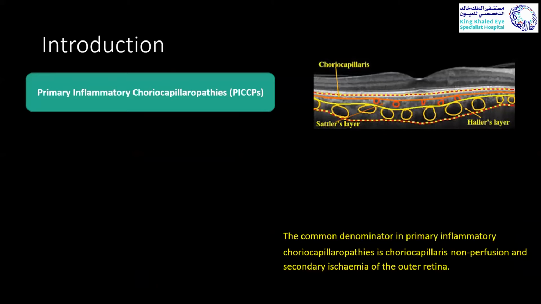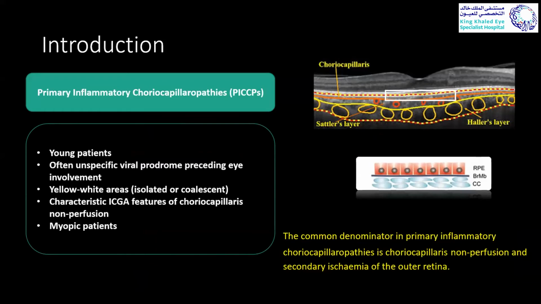These diseases share several things: they happen in young patients, often preceded by a viral prodrome, and are associated with white or yellow areas that are either isolated or coalescent. They have a characteristic finding on ICGA showing choriocapillaris ischemia that persists for all ICG frames, and most of those patients tend to be myopic.